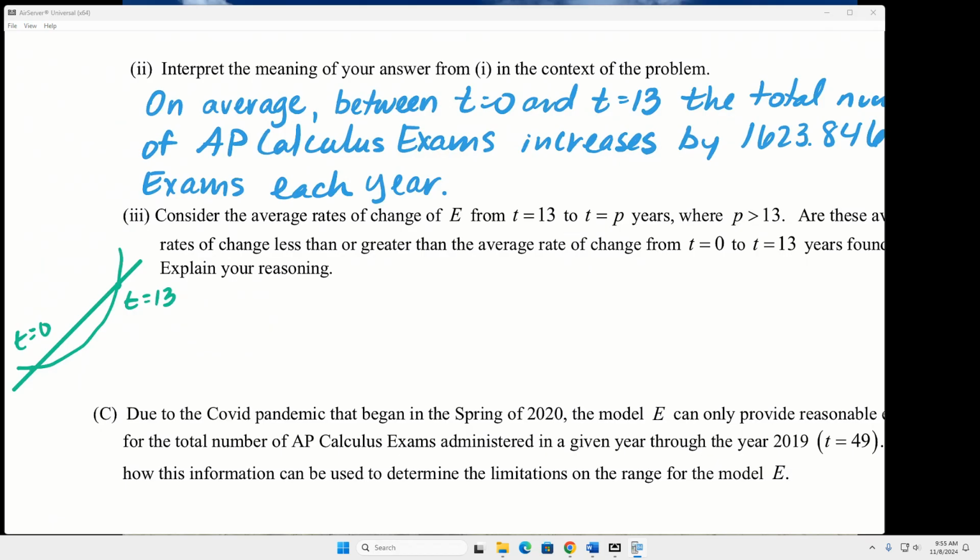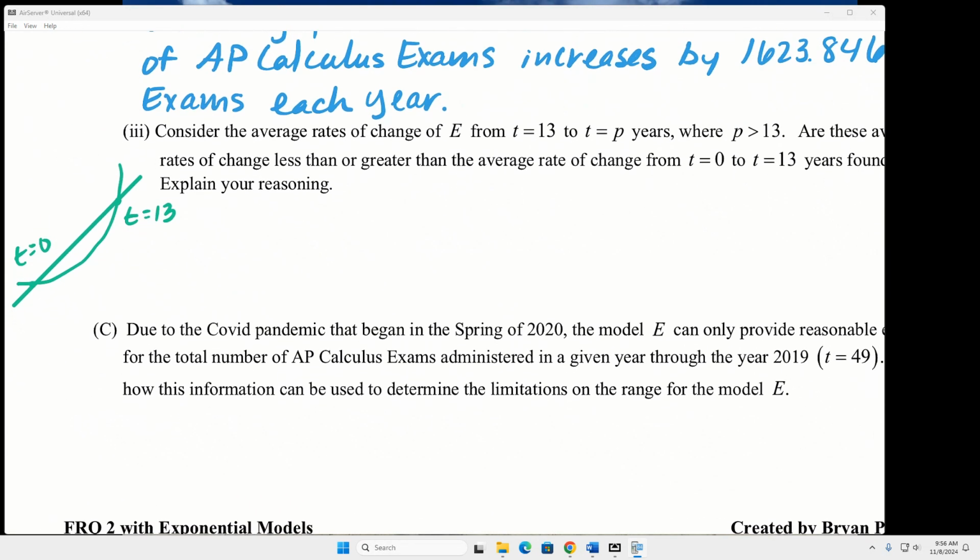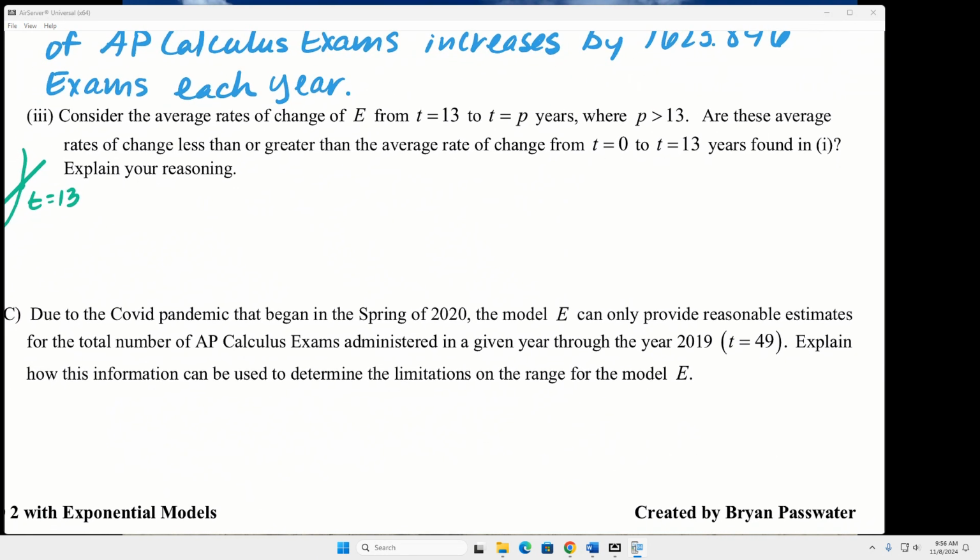All right. So it's good to know what that is, but you have to give a reason. And the reason on this part needs to include concavity. So what do you know about the average rates of change whenever a function is concave up? Just positive. Not positive. Increasing.